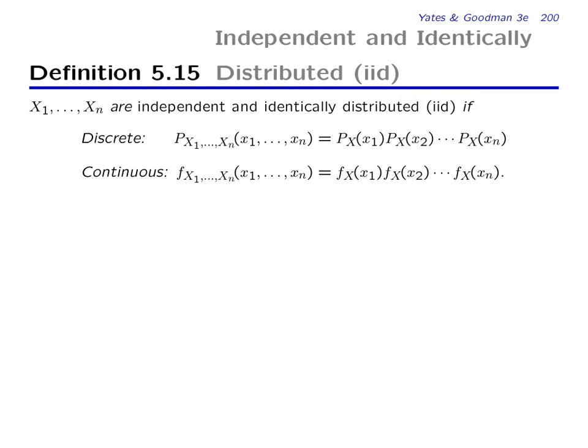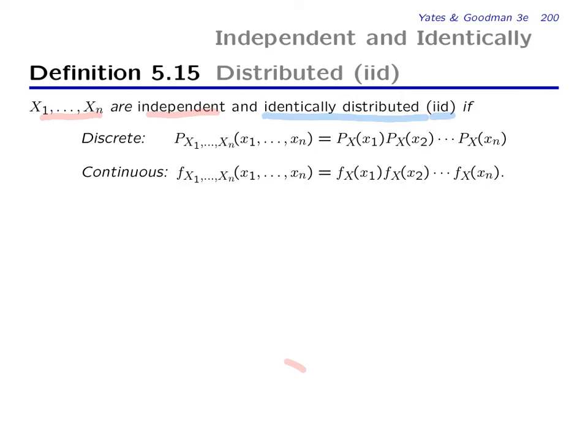So the most important special case of independent random variables is when x1 through xn are independent, but they're also identically distributed. And this we give the special designation IID.